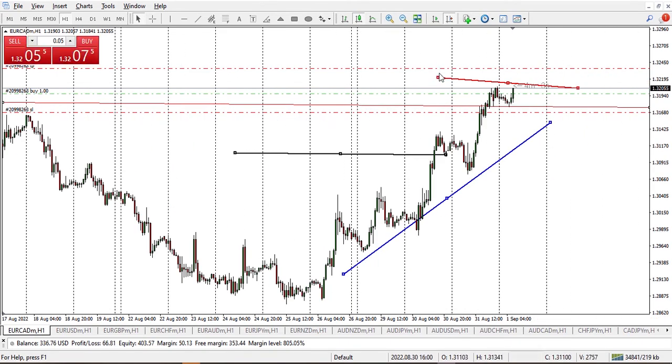So that has been established. This is my previous level here, and then this is my break line level here, but somehow this is no longer valid.